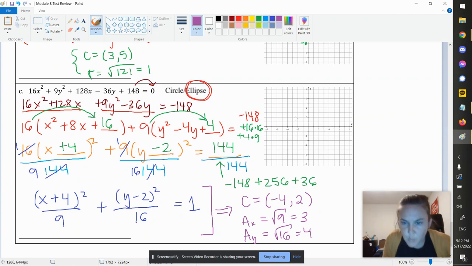So when we graph this, we go -4, +2, right there. The kind of x radius is 3, so we go over 3 to the left and right. The y radius, the thing we were thinking of as the y radius, is 4, so we go up 4 and down 4, and we very artistically draw our ellipse.